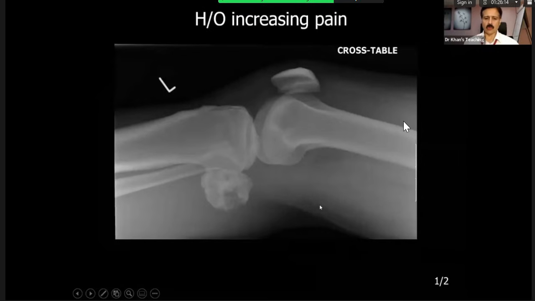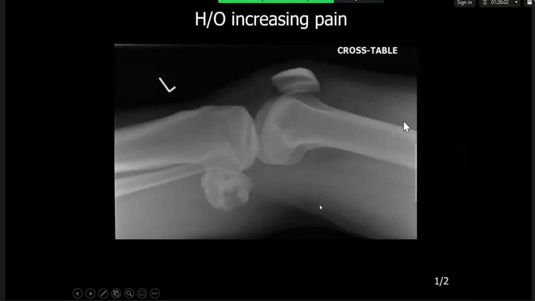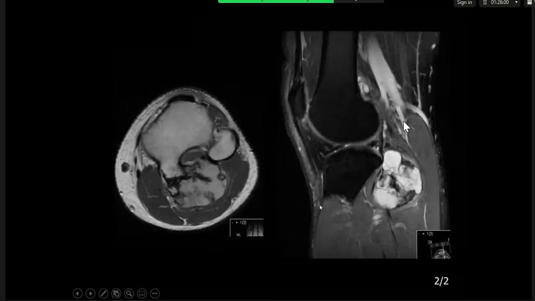Another osteochondroma, again with increasing pain, what will you do? So again, I'd compare to any previous imaging and would recommend an MR to further characterize. Here is the MR. So on the MR, on the axial T1 weighted imaging, I can see the pedunculated structure.